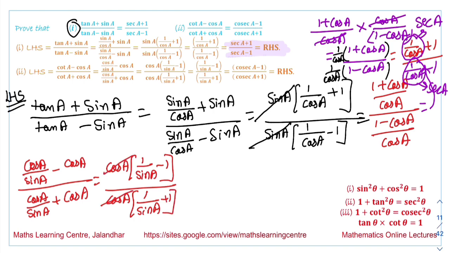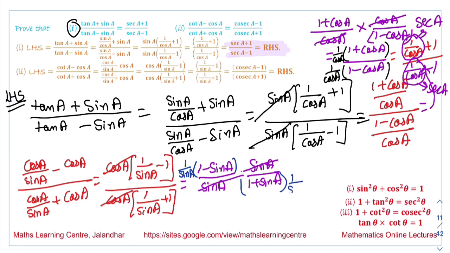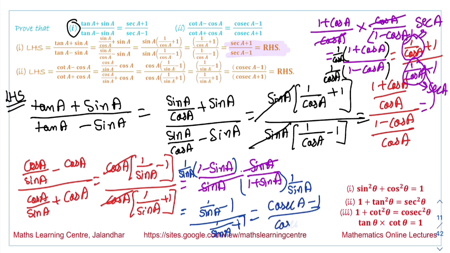Cos A gets cancelled, and the answer we are left with is 1 minus sin A over sin A into sin A over 1 plus sin A. Sin A gets cancelled. Now if we multiply the numerator and the denominator with 1 over sin A, we get 1 over sin A minus 1 over 1 over sin A plus 1, that is equal to cosecant A minus 1 over cosecant A plus 1, and this is equal to RHS.